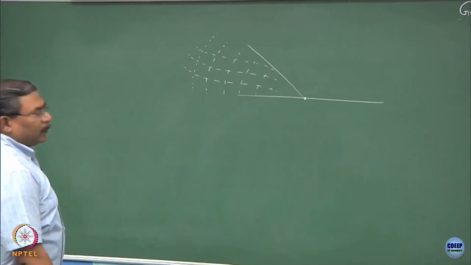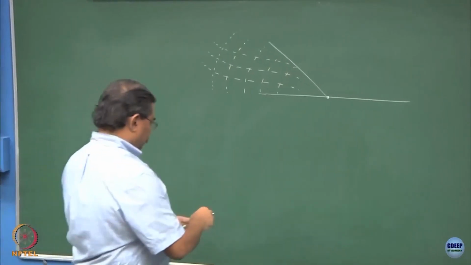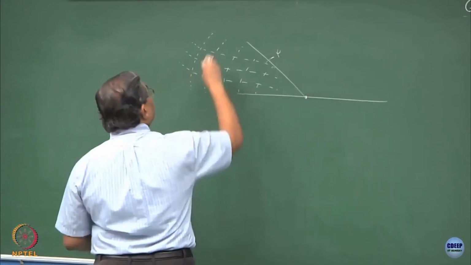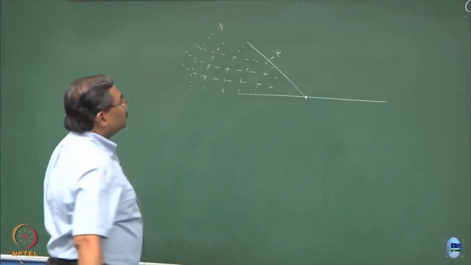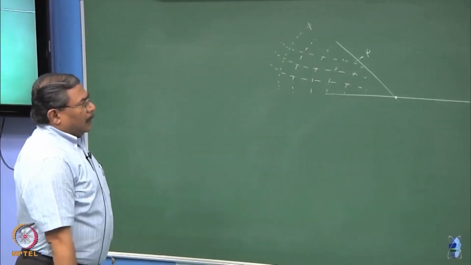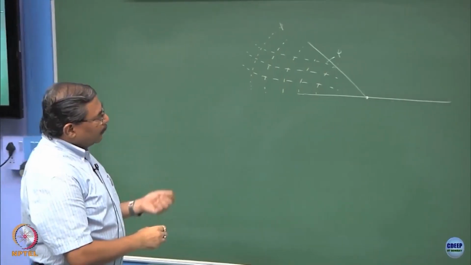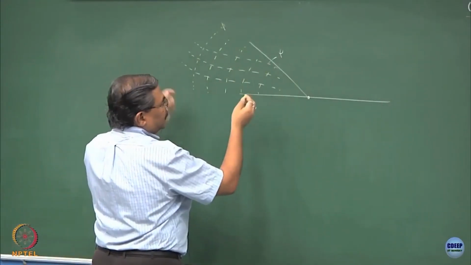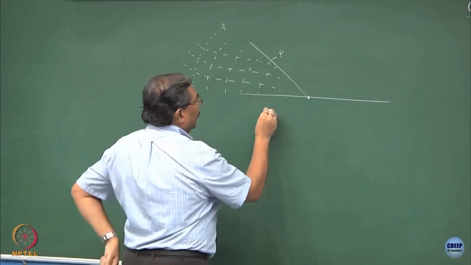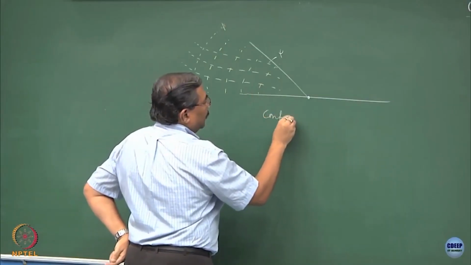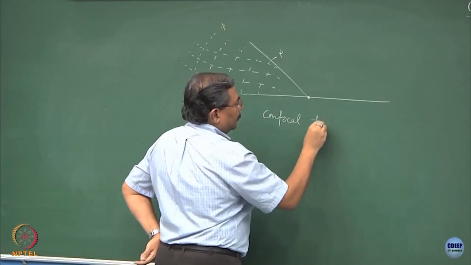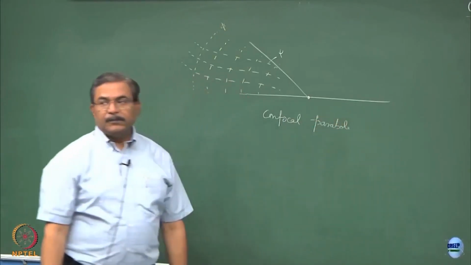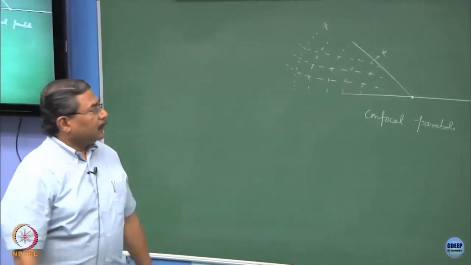So, this is how the flow net gets developed. This is the psi function and this is the phi function. What you are observing here is that this is going to be a set of confocal parabolae. Alright.